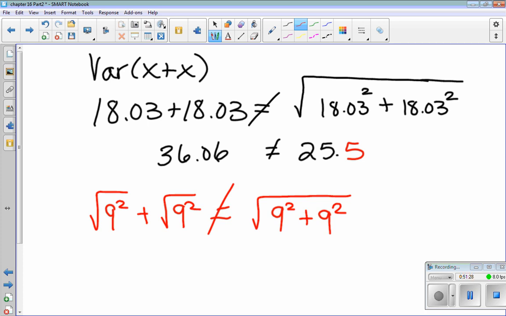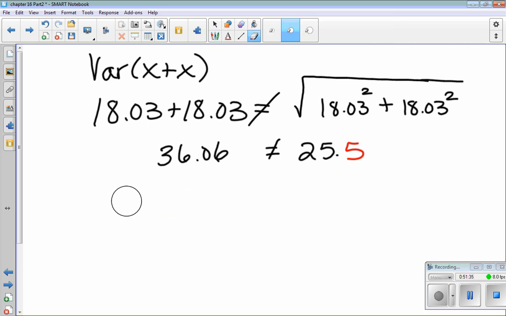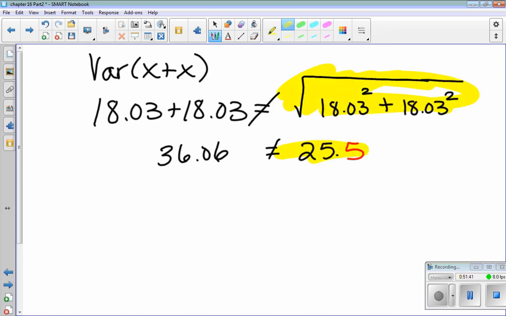So that was our mistake, and we need to fix it. We're going to highlight it. We want to work with the variances. When we were multiplying, Devin and Sammy both figured out you don't have to worry about that too much. But when it comes to adding and subtracting, you do, because you can't add or subtract radicals.